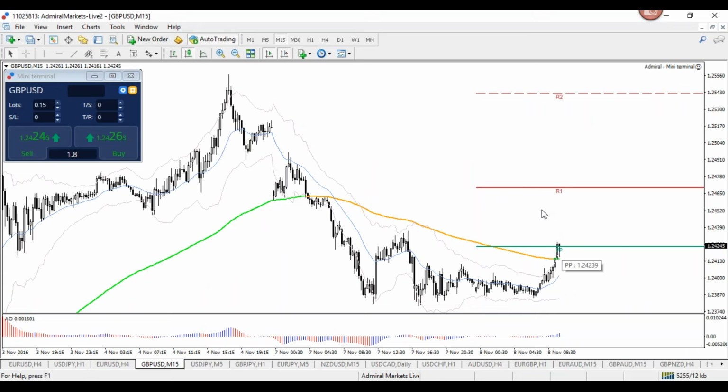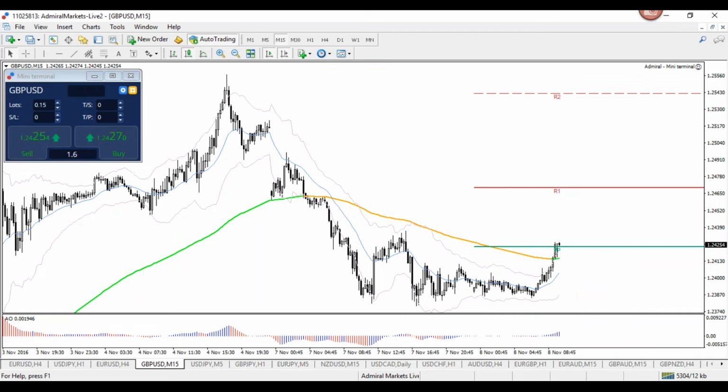But generally speaking, I want to see how price responds here, because if it does react with a lot of impulse and it does start to move down like this with good momentum and then starts to make a bear flag, then obviously I become bearish. So it all depends, simply put, on the reaction price will make at this pivot point.